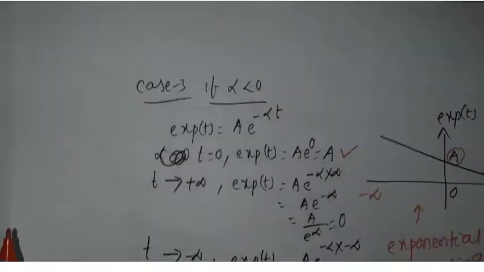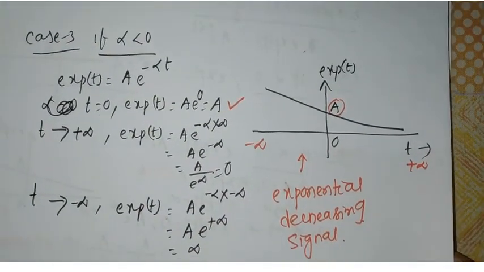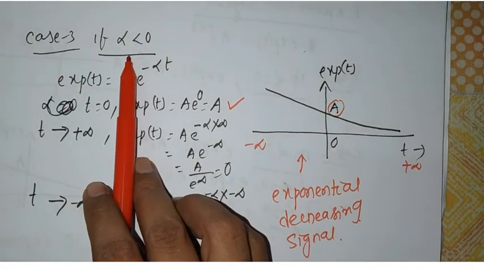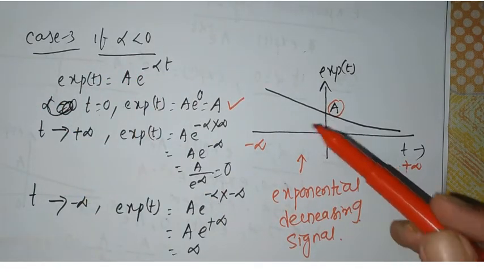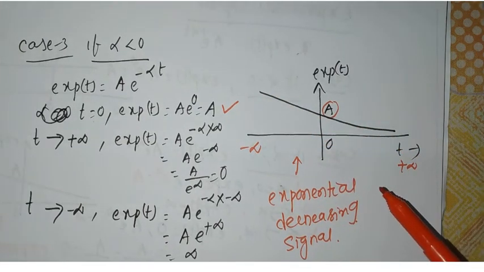Similarly, when alpha less than 0, it becomes an exponential decreasing signal, because it decreases exponentially. Okay, these all are basic continuous time signals. In the next lecture we will go for discrete time basic signals.